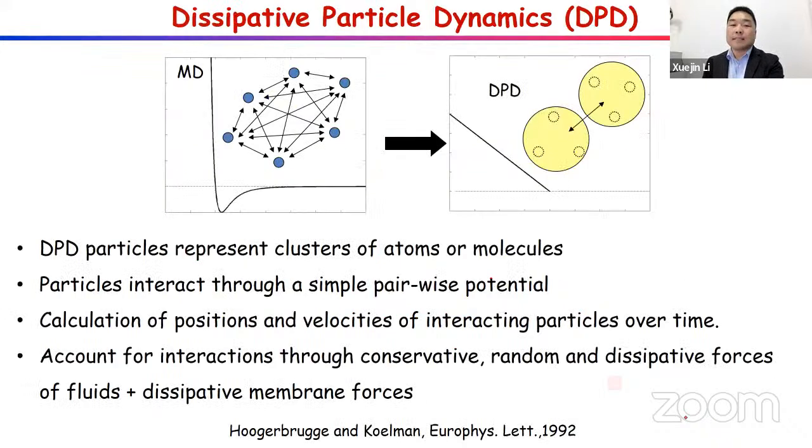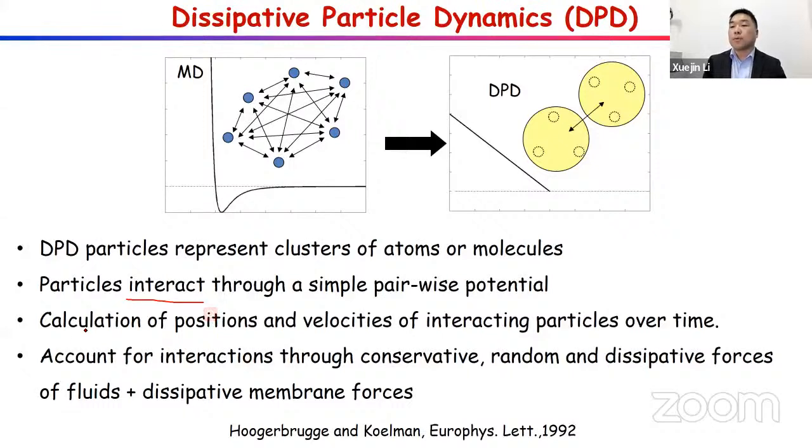And in the multiscale modeling, we employ a mesoscopic particle-based method we call dissipative particle dynamics, or just DPD. Actually, DPD is a mesoscopic method used to simulate complex fluid behavior. In DPD simulations, each DPD particle represents a cluster of atoms or molecules, and the DPD particles interact through a simple pairwise potential.